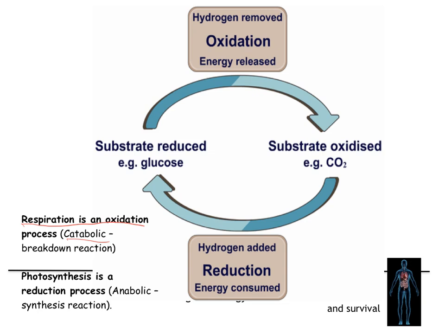I suppose this is a bit of a biologist's way of looking at it, but I think of it in terms of a glucose molecule, and when that glucose molecule is being broken down, hydrogens are removed in that process. So that's an oxidative process. And when you're making glucose, you're making it from carbon dioxide and water, and so hydrogens are being added to form glucose.